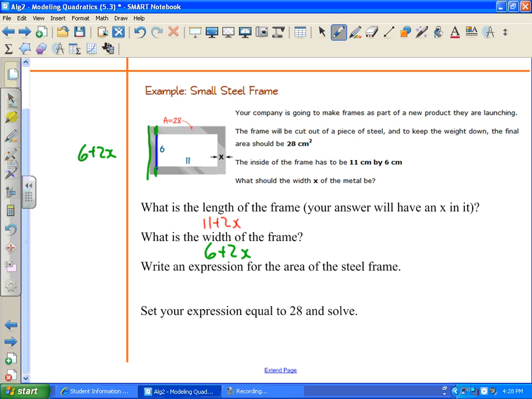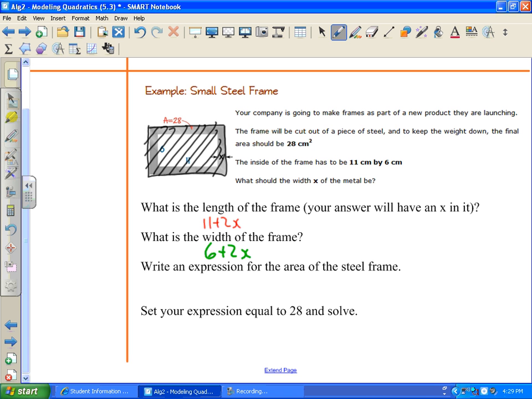All right, next part. Write an expression for the area of the steel frame. The area of the steel frame should be length times width.